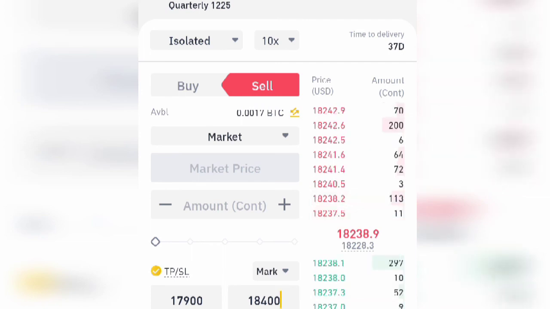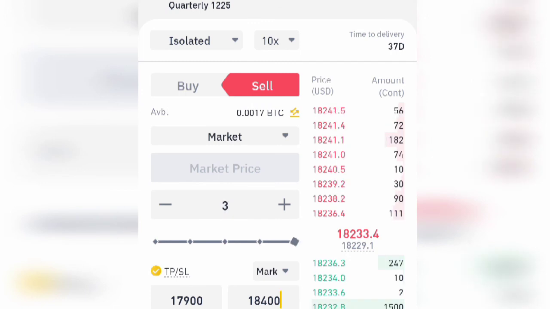Or as soon as your stop loss hits the market price, it automatically minimizes your loss for you. When you have done that, you can now select the quantity you want to use and enter the trade, and you click sell short.